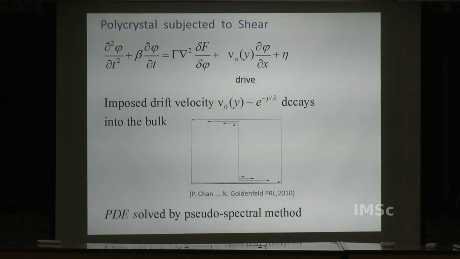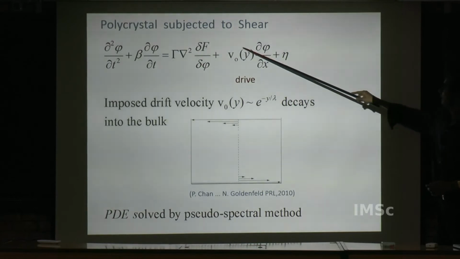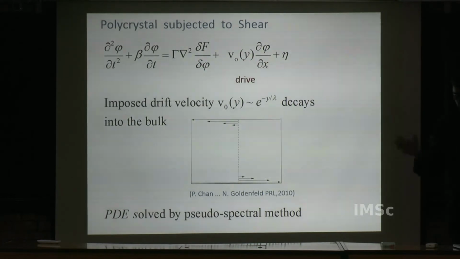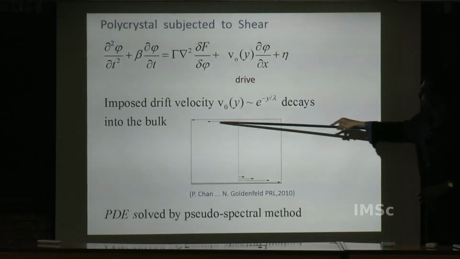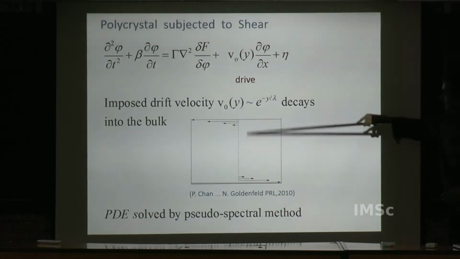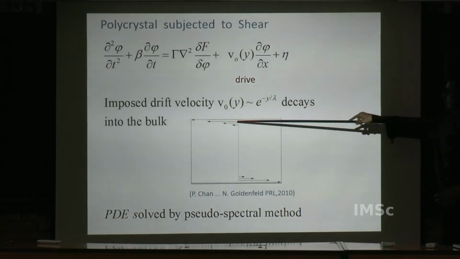Here that's not possible because you have a density field, and Goldenfeld's group came up with a particular scheme where they put a drift term with the density field. So they are putting this velocity field in by hand, although if you think of the system, you are simulating a system with some particles. There are no fluids in the system. But in this scheme, you move those particles in a well-defined manner, namely near the walls.